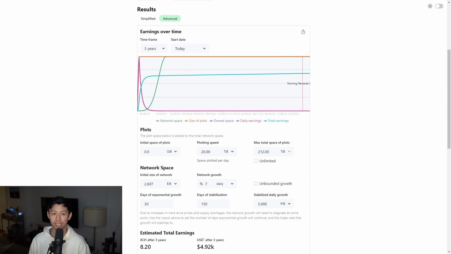But if you believe in the project like I do, and you think Chia is going to be around, it might not be the Bitcoin killer that people are saying, it might not be the biggest blockchain, but I think there's a lot of potential here. If you think you're going to be able to invest from the long-term perspective, then more hard drive space is better, especially once pooling comes out and your ability to win blocks will level out over time, and that'll help a lot.